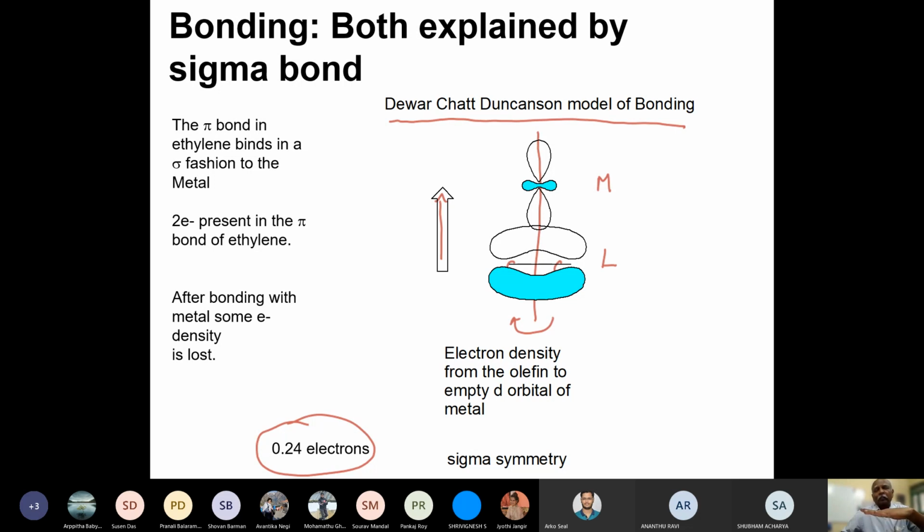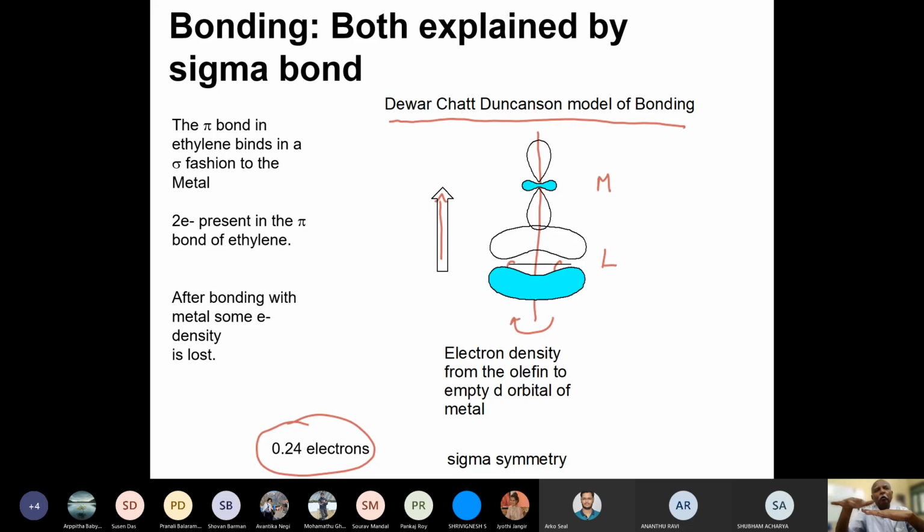The origin is placed between the two carbon atoms. Then you have the pi bond on the z axis, plus z and minus z. You would have a lobe or region of electron density which represents the pi bond, and there is a node right at the place where the carbon and the hydrogens are placed.